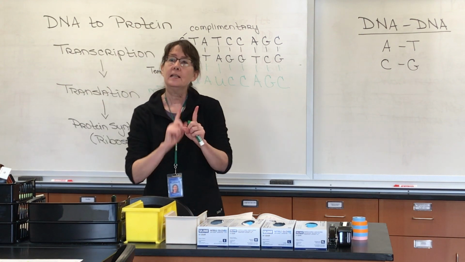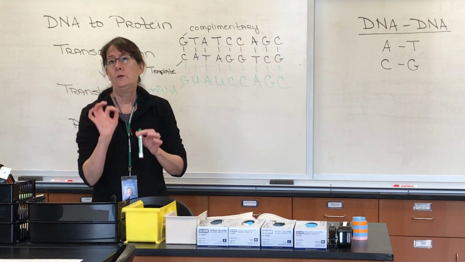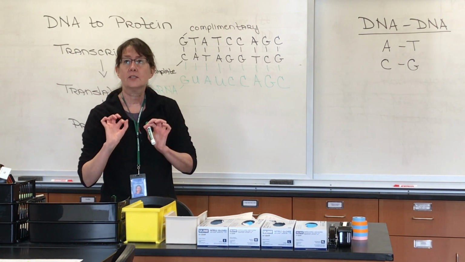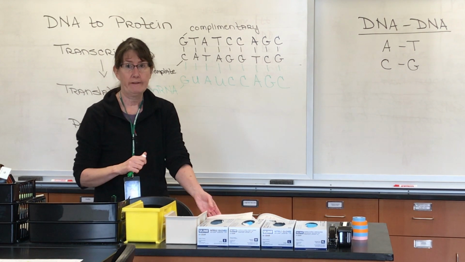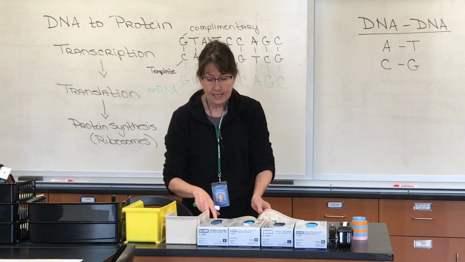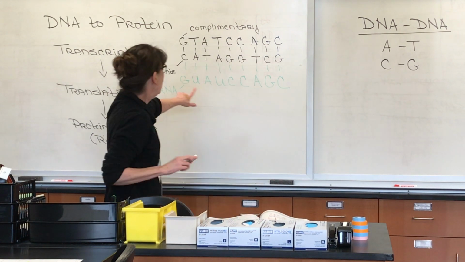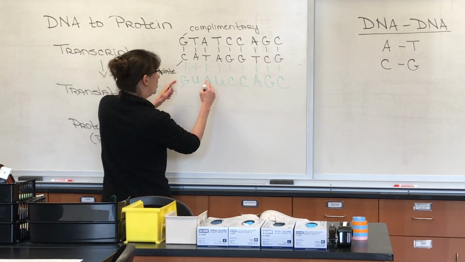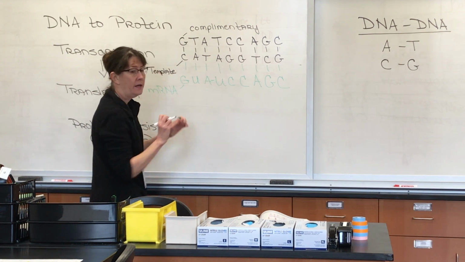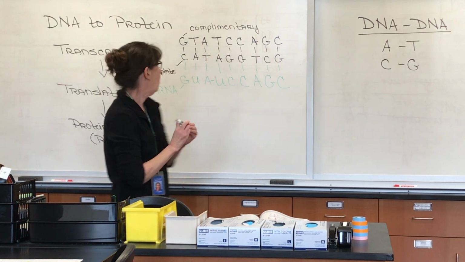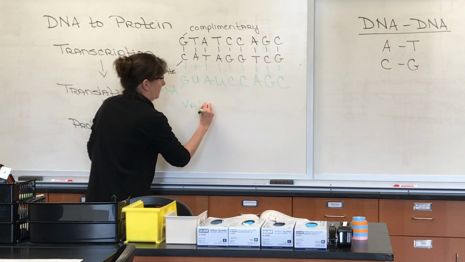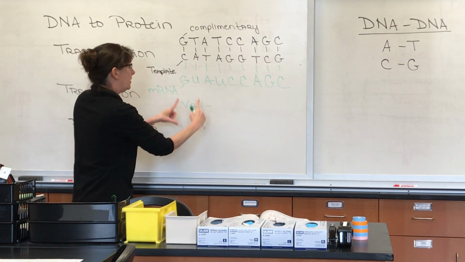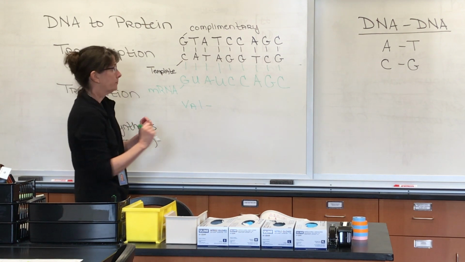In a couple of minutes I'll show you that amino acid chart and how you can read your messenger RNA. But for right now, this 3-letter codon is going to code for the amino acid VAL. 3 letters, 1 amino acid.